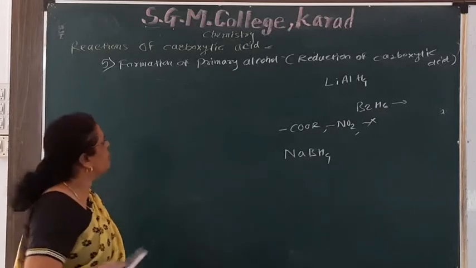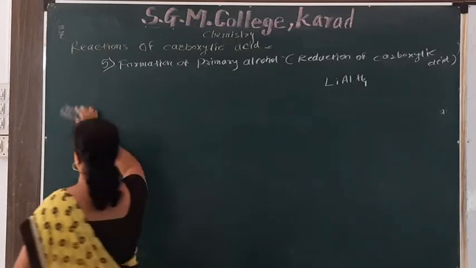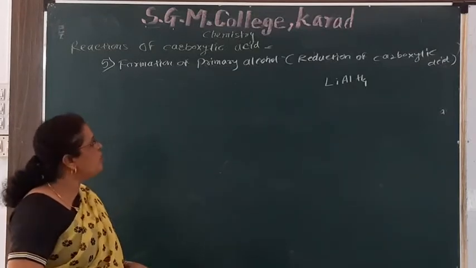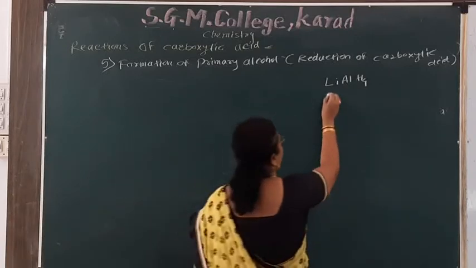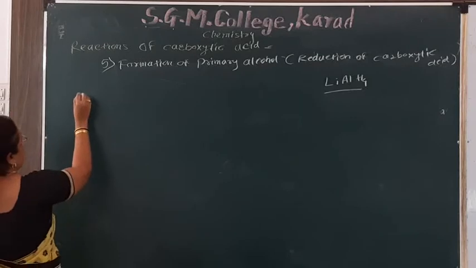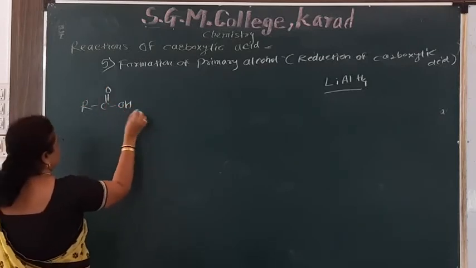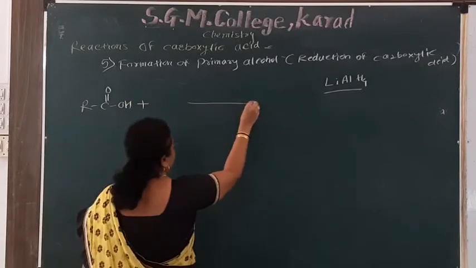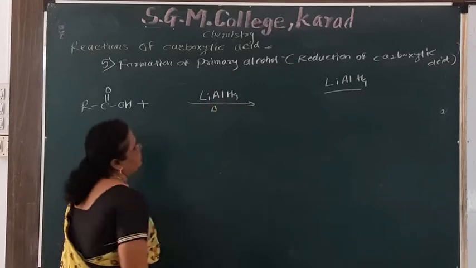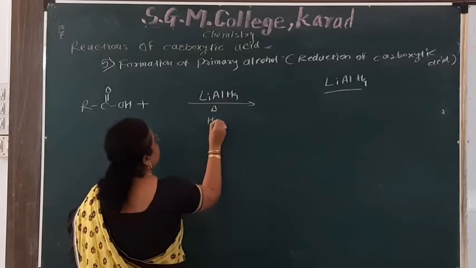See here, carboxylic acid is reduced with a powerful reducing agent like lithium aluminium hydride. Here the carboxylic acid formula is RCOOH, reduced with LiAlH4, heat in acidic medium, that is H3O+.